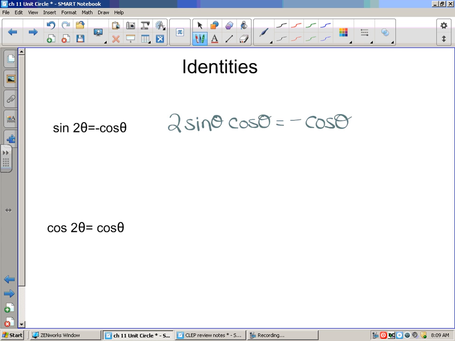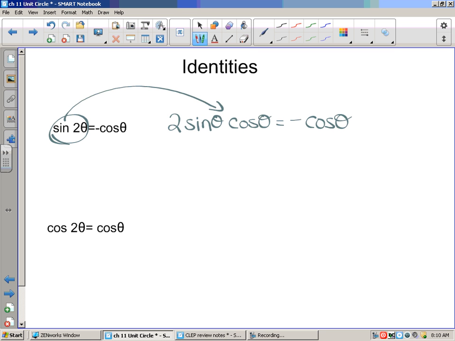And even regardless, you're going to approach them the same way. We're going to take sine 2 theta and we're going to replace it. Now, the truth is, whenever you're solving identities, you basically want to get them all as one trig function, just like when you're solving an equation, you want to get them all the same letter, like all x's, so that you can work with just one variable. The same holds true when you're dealing with trig identities or anything else.